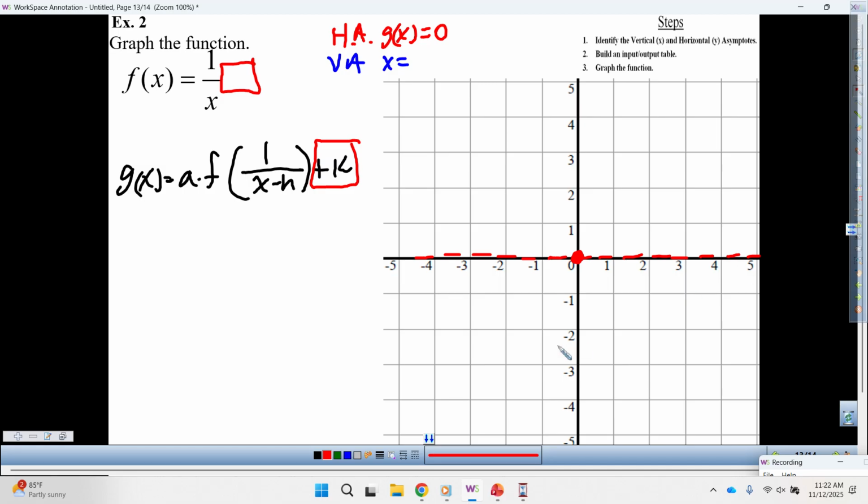Next, do we have anything next to the x, like this one? No, if there's nothing next to the x, that means that that is also 0. Place it on the point of origin, and that's going to be our y-axis. Are we there so far?